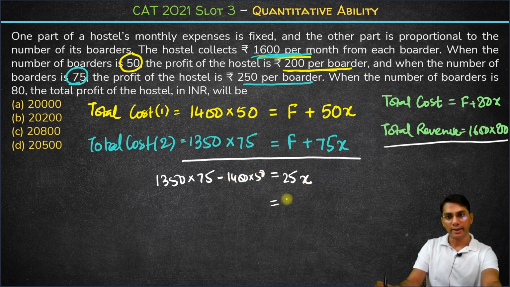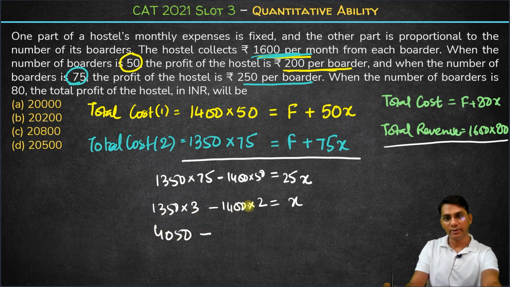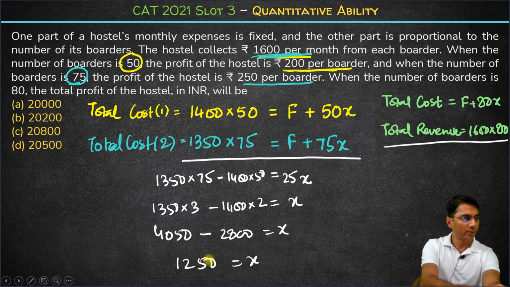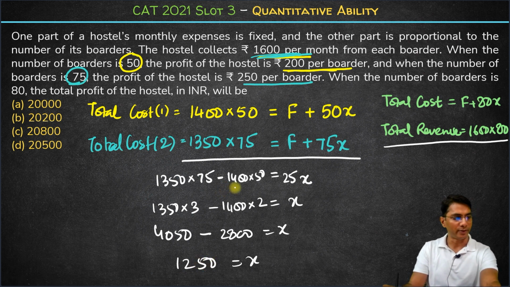Okay. Now dividing by 25, we have x here, this becomes 1350 into 3 minus 1400 into 50 goes by 25 two times. So 1350 into 3 is 4050 minus 1400 into 2 is 2800, which is equal to x. So x comes out to be 1250. So the cost per boarder is 1250 rupees.